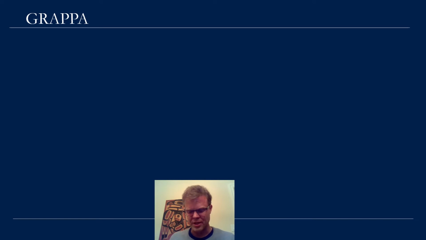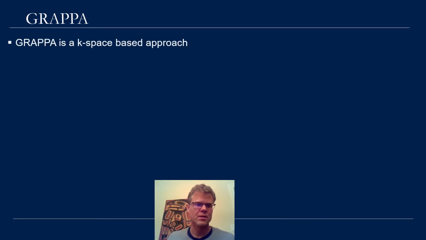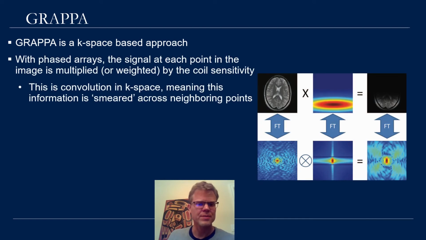So the other major technique, GRAPPA, aims to address some of these limitations of SENSE. And GRAPPA is a k-space approach, so we're going to need to look at k-space. It uses the model shown in the figure at the right, where we have our image and the k-space data along the bottom.